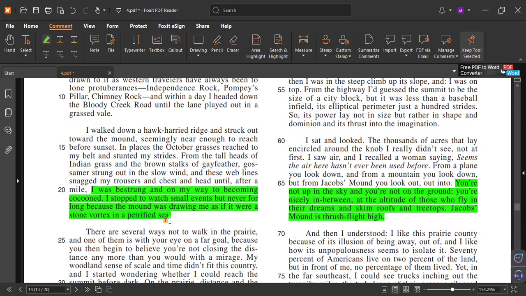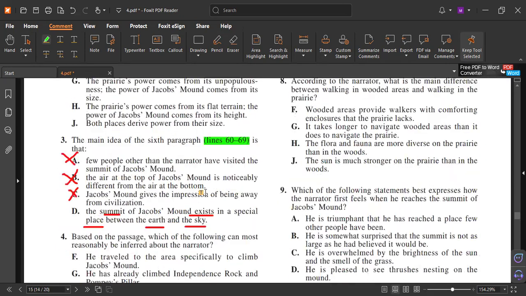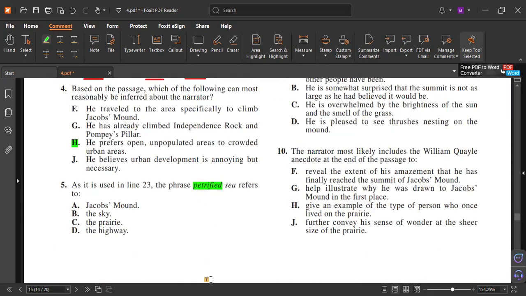So it's an adjective to describe the sea. So what could be the description for the sea? So this one is wrong, sky of course not, highway, or what is this?